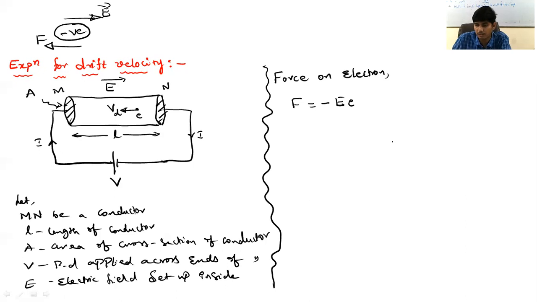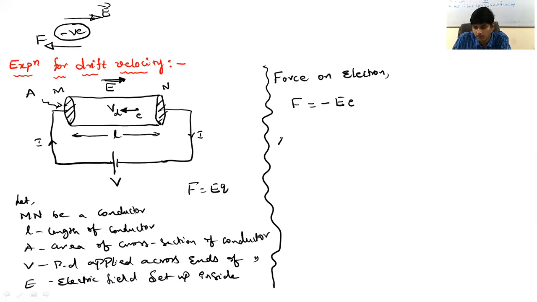This is from the equation F is equal to EQ. This is the force on a charged particle placed in an electric field. E is the electric field, Q is the charge on the particle. Here E is the electric field and small e is the charge on the electron. The negative sign represents that the electron experiences force in a direction opposite to the direction of the applied electric field. So this is the force on the electron.